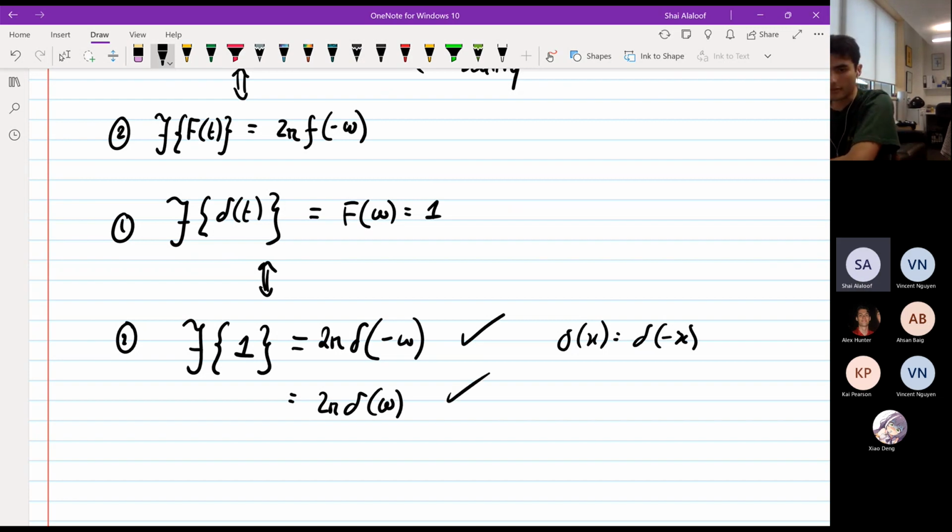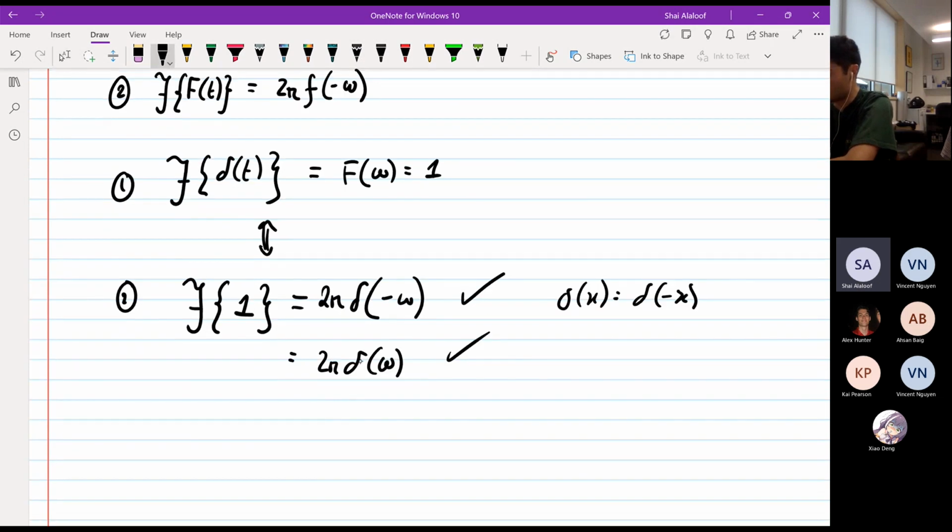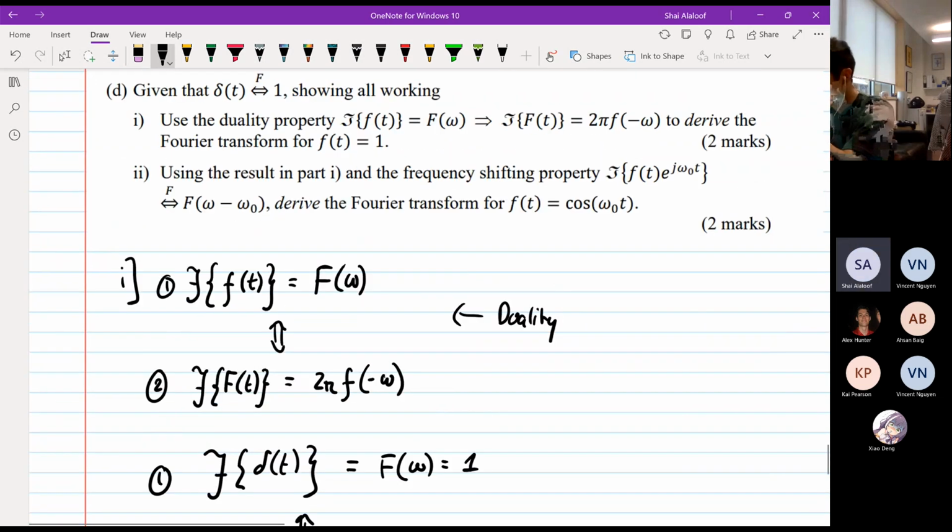So either of these answers is completely fine. Cool. So we've just verified that the Fourier transform of the time varying signal f of t equals 1 gives us 2 pi Dirac delta of minus omega. Don't know why I said lambda.